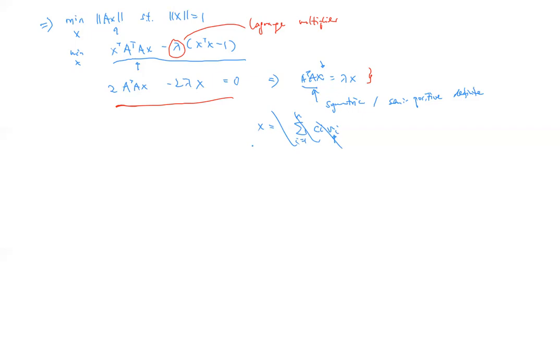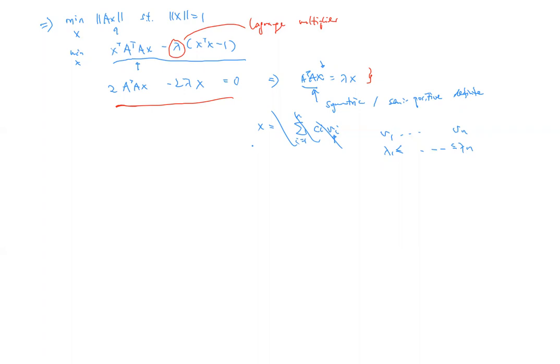Now, think of the eigenvectors v1 up to vn, and eigenvalues lambda 1 up to lambda n, sorted ascendingly. Then x should be one of the eigenvectors, right?